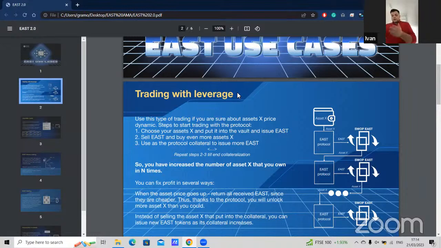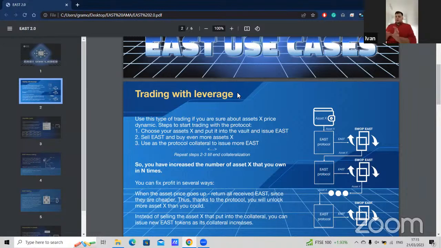First, you take the Waves that you already have, put them into the ETH protocol, and issue ETH for your Waves. Then you take this ETH, go to the market, and exchange your ETH for more Waves.